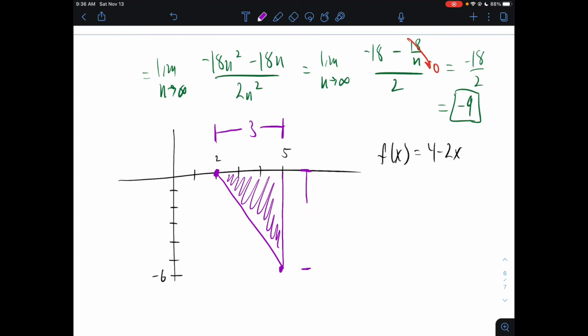Well, that's 6 units. And what's the area of a triangle? 1/2 base times height, which is 18 over 2. Why is it negative? Because it's below the x-axis. We put a frame of reference on it.